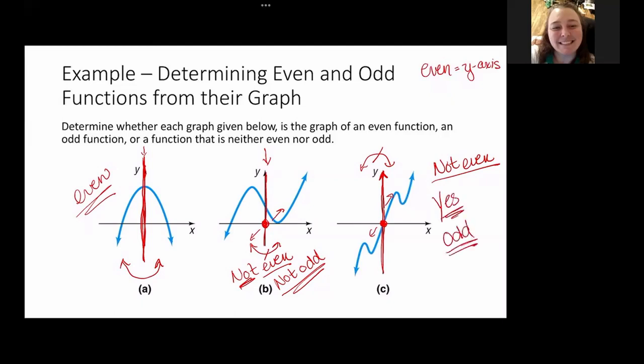Okay, so even is going to be around the y-axis as in A. Odd is going to be about that origin point at the center, like in C. And you can have ones that are neither even nor odd.